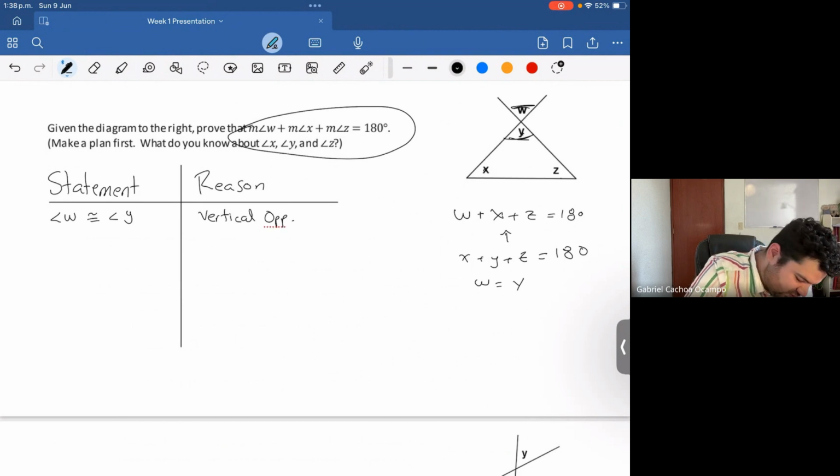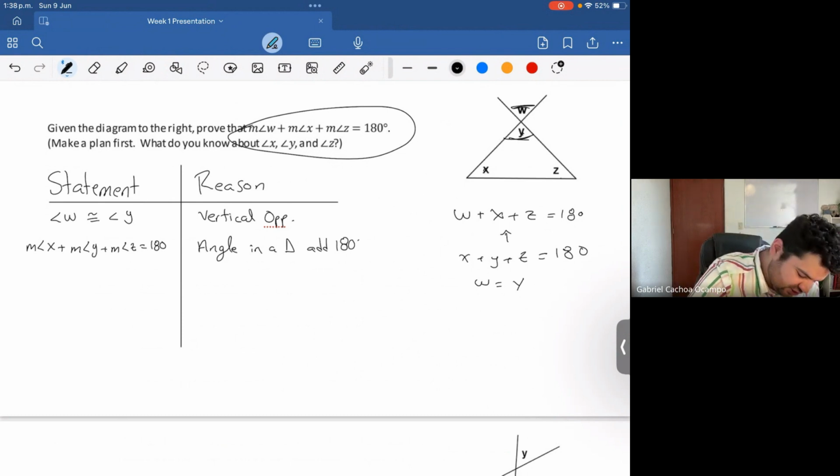Then we know that angle X plus angle Y plus angle C equals 180 because angles in a triangle add up to 180.